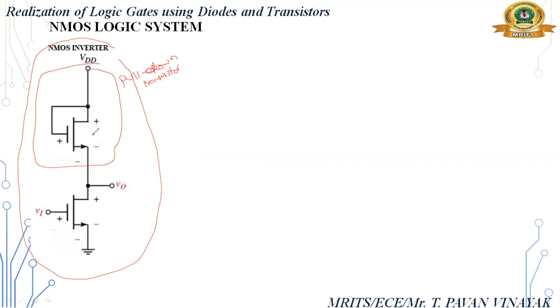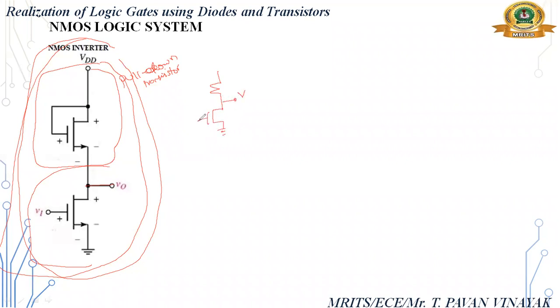The output is taken here. The combination acts as an inverter. Sometimes we can take it like this also, N type. Here is the output.